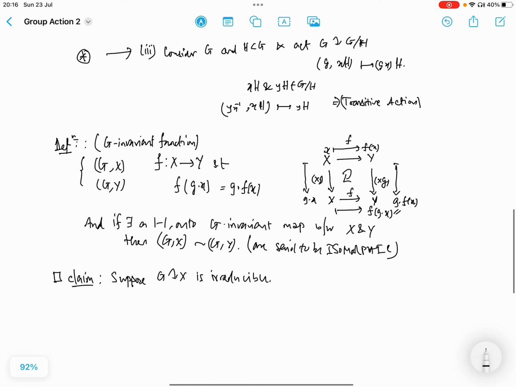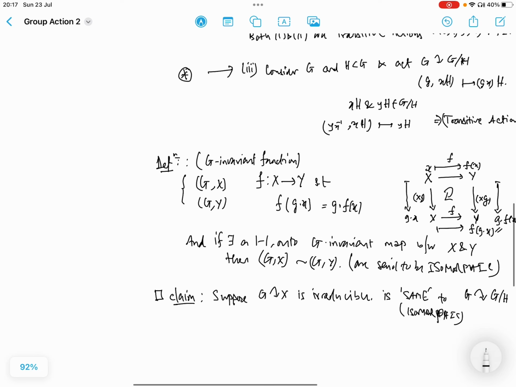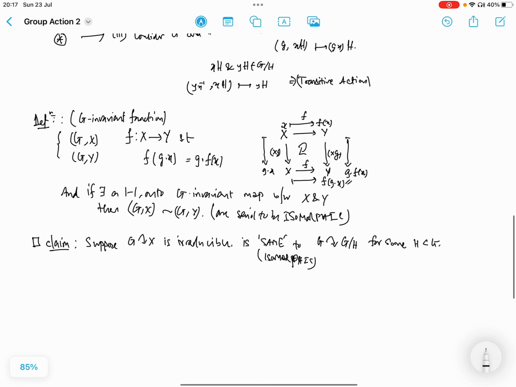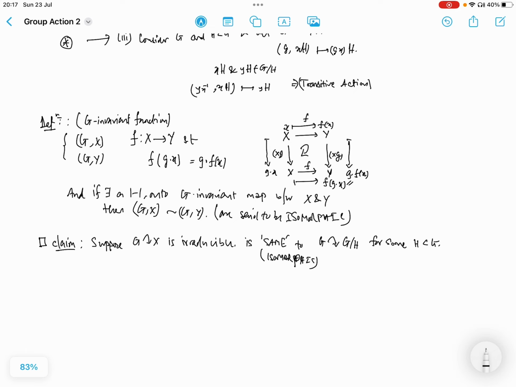I am claiming that any such irreducible action of a group on a set X is isomorphic to the action of G on the set of left cosets of some subgroup H of G. That is, suppose G acting on X is irreducible, then it is isomorphic to an action of G on G mod H for some H in G. That is just a subgroup, not a normal subgroup. Now this is the claim.